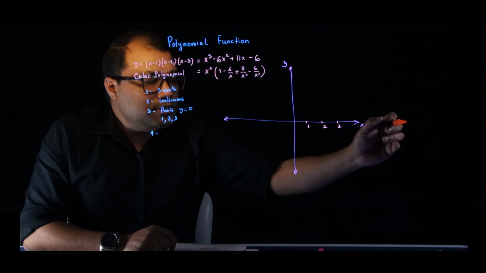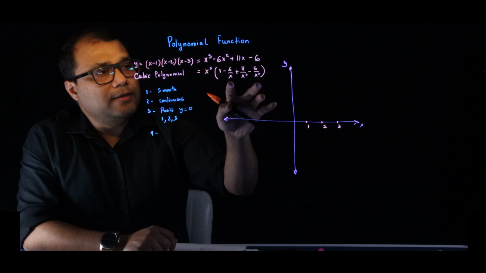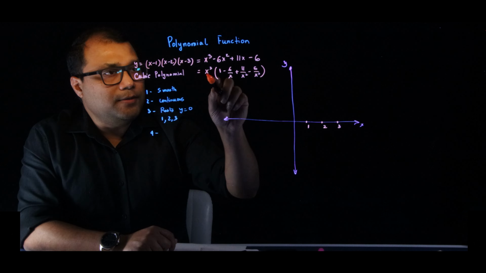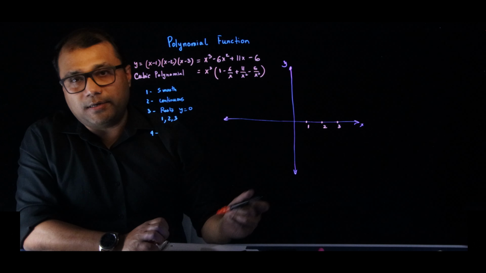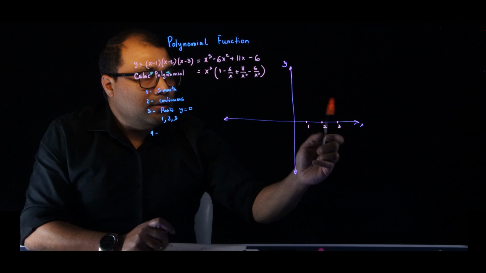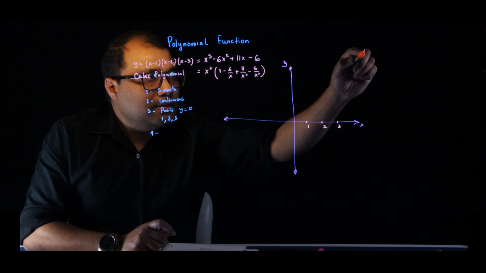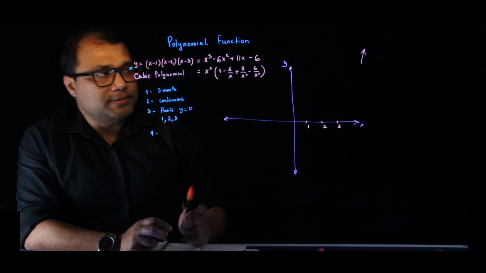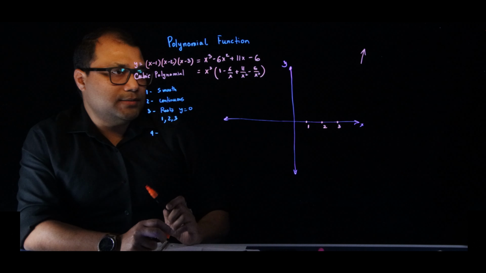So when x tends to positive infinity, do you think all these 3 terms will tend to 0? Absolutely, right? And if x tends to infinity, x cubed will very quickly tend to infinity, right? So when x tends to infinity, y also tends to infinity, but it goes like this. It will be a sharp rise. So at least we know that the graph will end up like this.